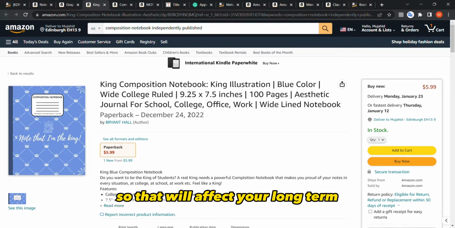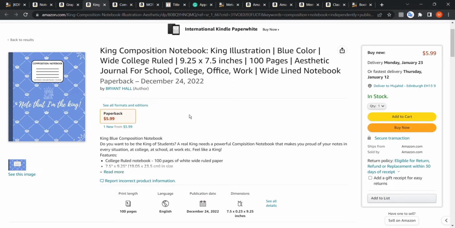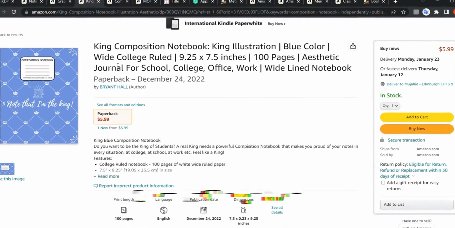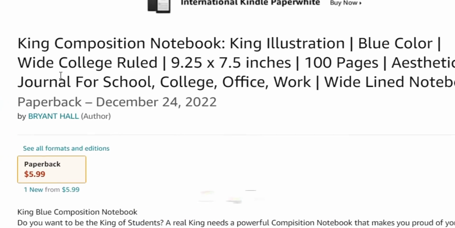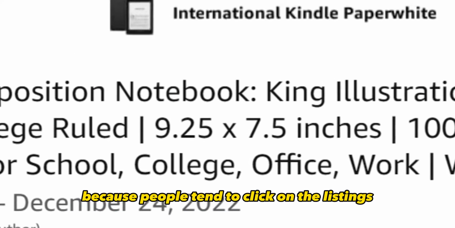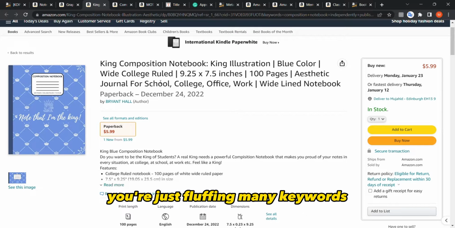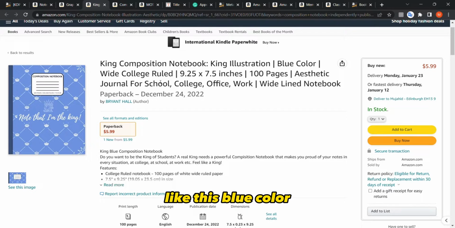That will affect your long-term and short-term game, to be honest, because maybe you will get ranked first, but you will not get a good click-through rate, because people tend to click on the listings that have very specific and well-structured sentences, not just fluffing many keywords like this, blue color, wide.